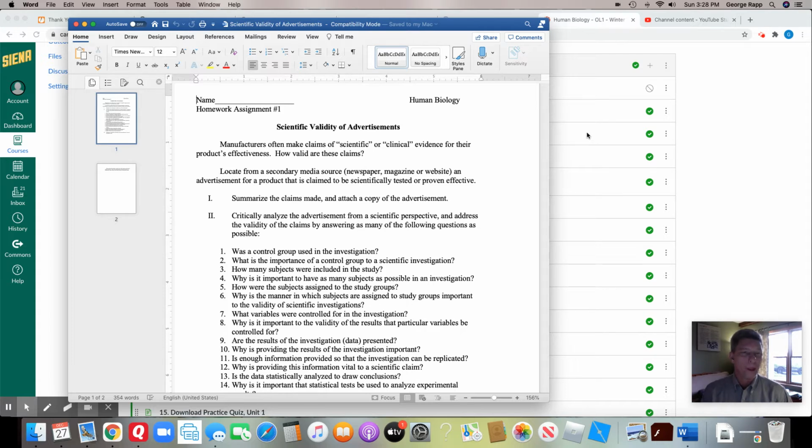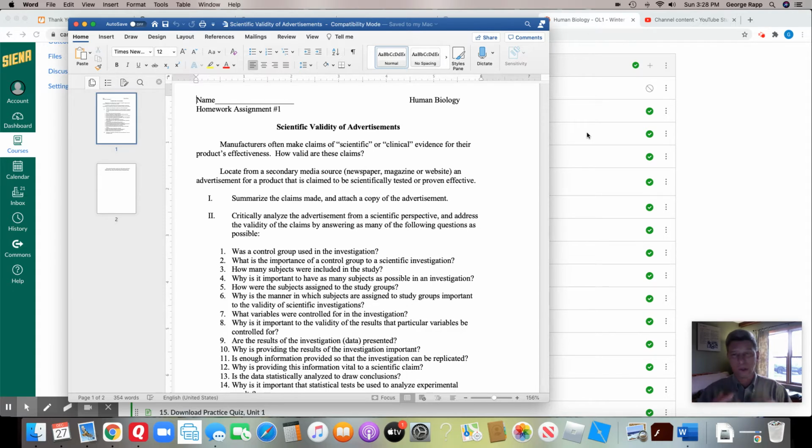All right. Now, the advertisement itself should just be a single page with a picture of the product or that sort of thing. But on the label, it should say that this is scientifically proven or clinically tested or that sort of thing.